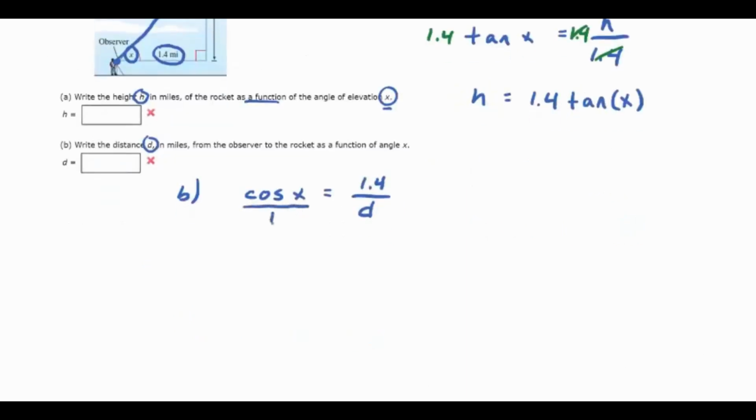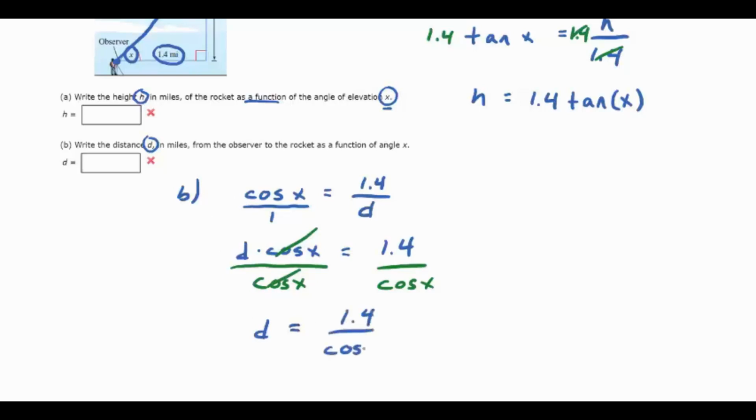You could cross multiply, get d times the cosine of x is equal to 1 times 1.4, just 1.4. And then if you divide both sides by the cosine of x, you have it. You have d as a formula in terms of x.